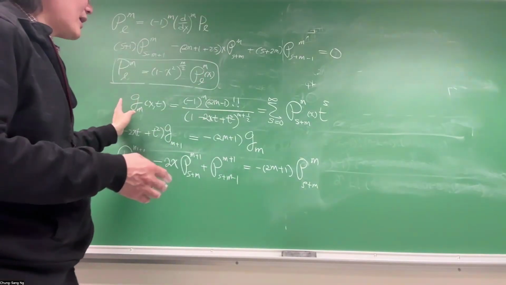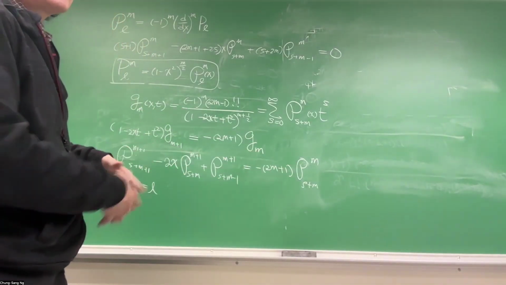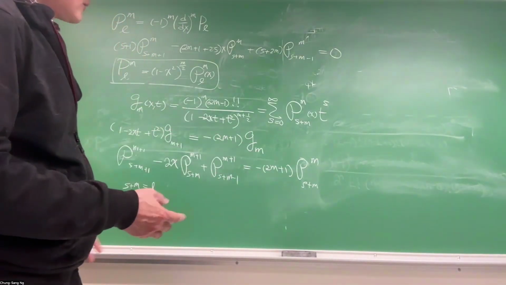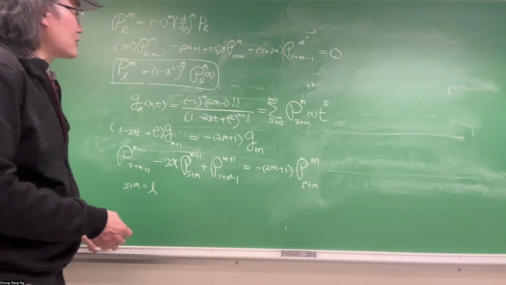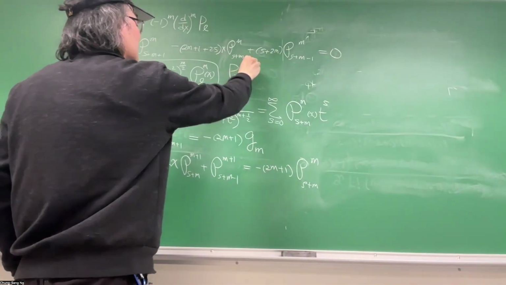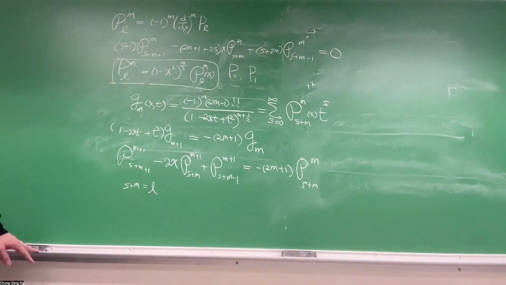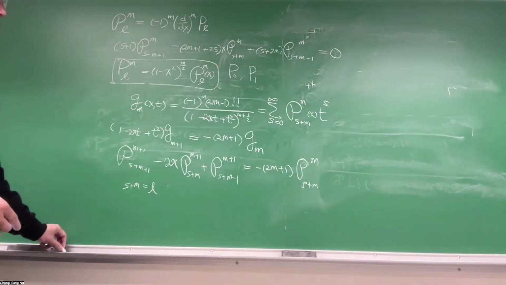You can shift to other m numbers. Say you have 0, then you can shift it to m equals 1, and so on. And so finally, you actually can construct all the P_L^M with just P_0 and P_1. After this, you can construct all of them, and that's one way to do it.